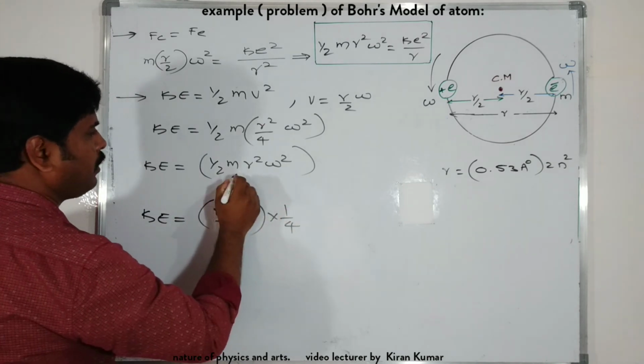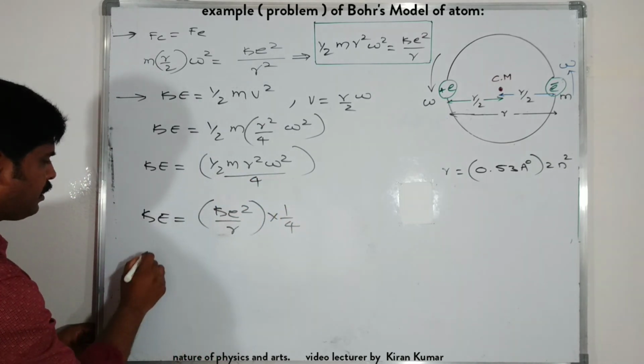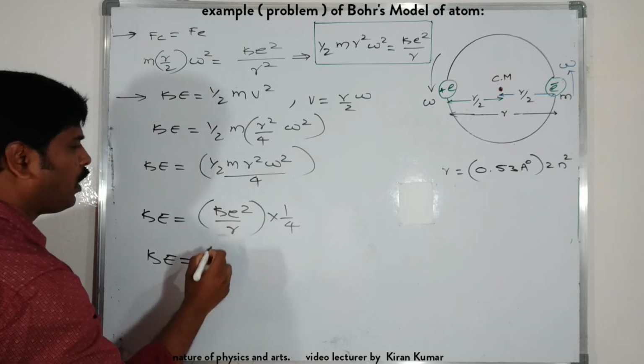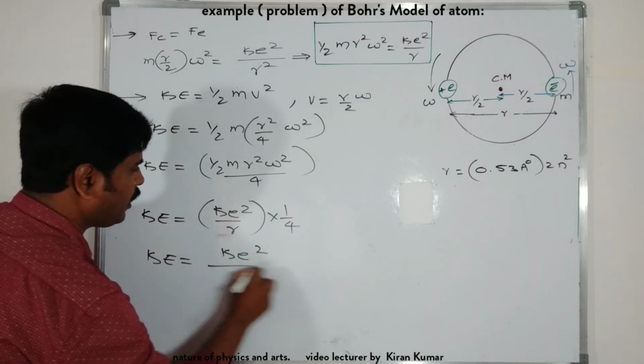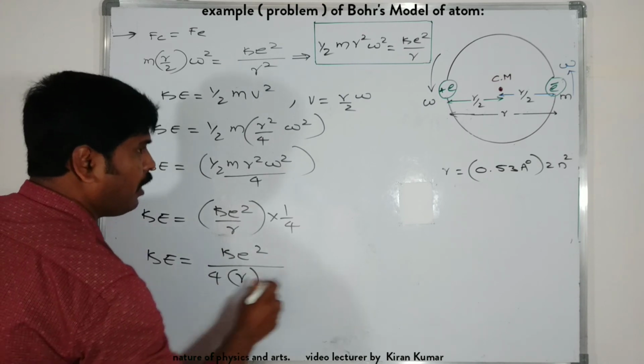So kinetic energy is equal to K E square divided by 4 into R.